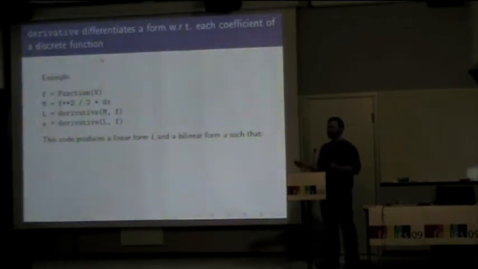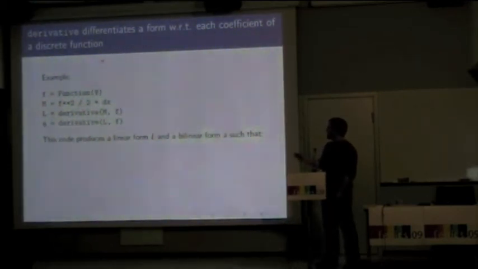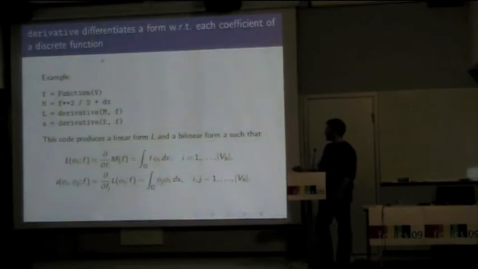An example that is easy to follow and that you can compute by hand or in your head is this functional here, f squared, which, when differentiated, produces the load vector. When differentiated once more, you get the mass matrix.